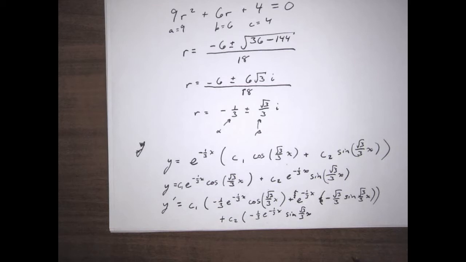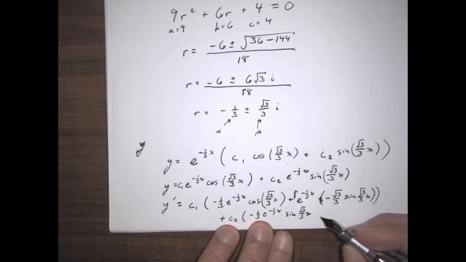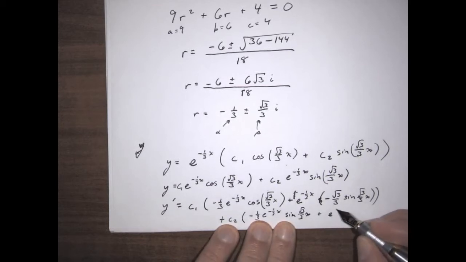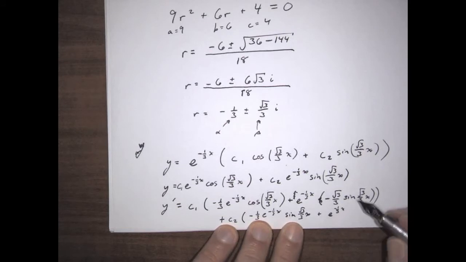And then the e part will be left alone, so plus e to the negative 1/3 x times the derivative of the second, which is going to now be root 3 over 3 cosine, sorry, not just x, but root 3 over 3 x.